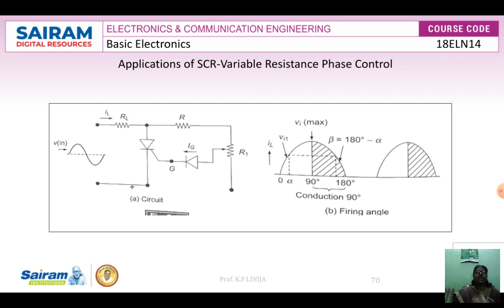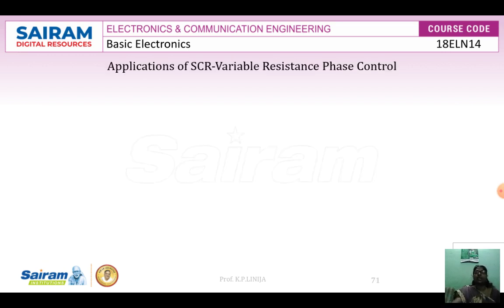Alpha is equal to 0 degrees, 90 degrees or 180 degrees. By varying this firing angle, the power can be controlled. Now the silicon control rectifier gate current is controlled through R and the variable R1.